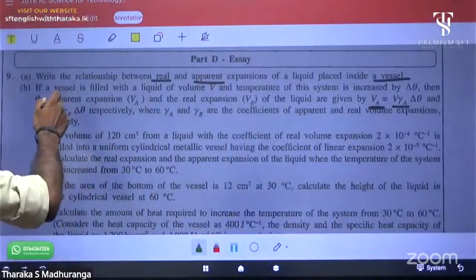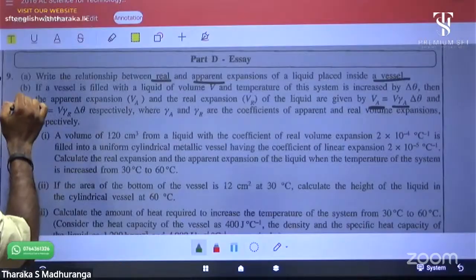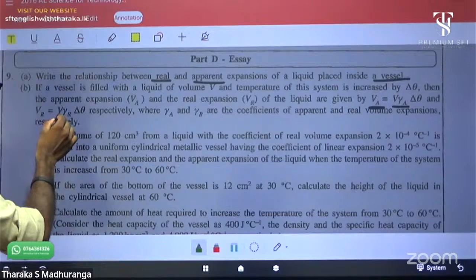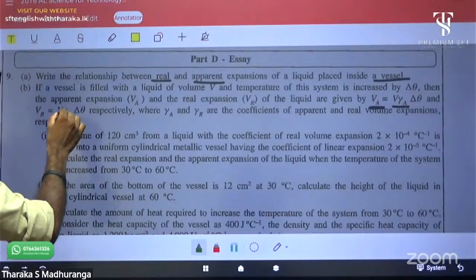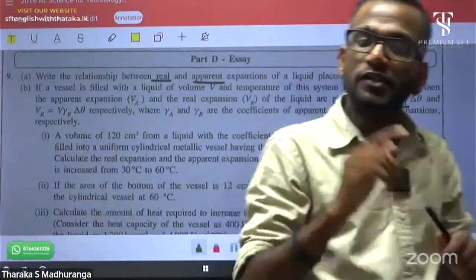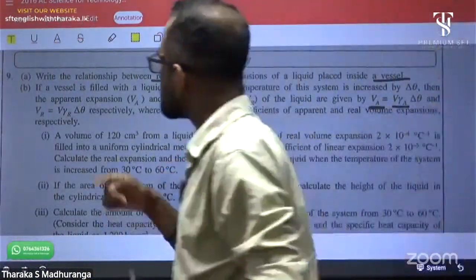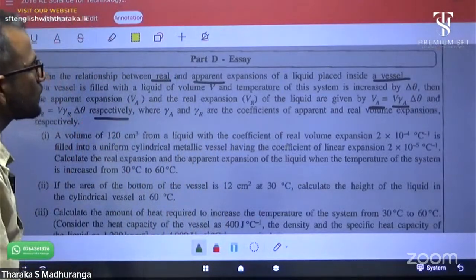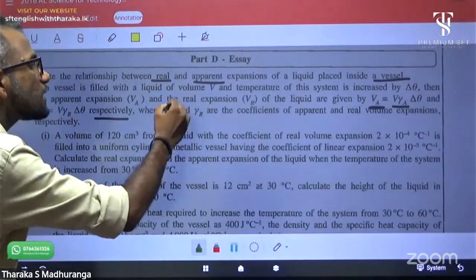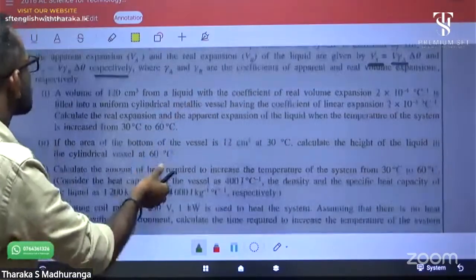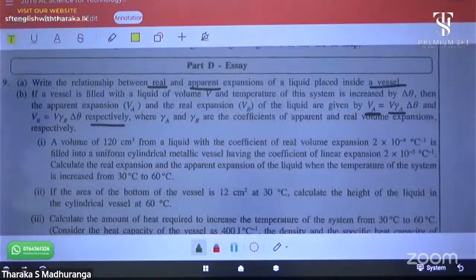And VR means real volume expansion, equal to the volume of liquid multiplied by gamma R, the real volume expansion coefficient, into delta theta respectively. Where gamma A and gamma R are the coefficients of apparent and real volume expansions respectively. Right? Have you understood this question, part B, up to now?